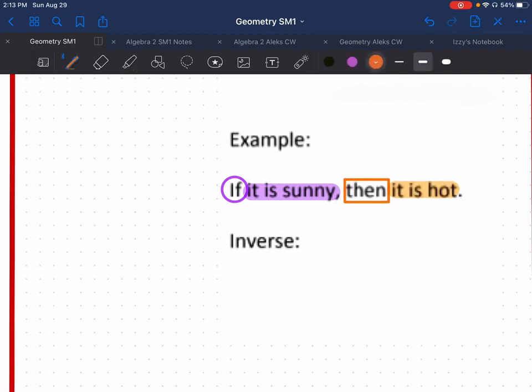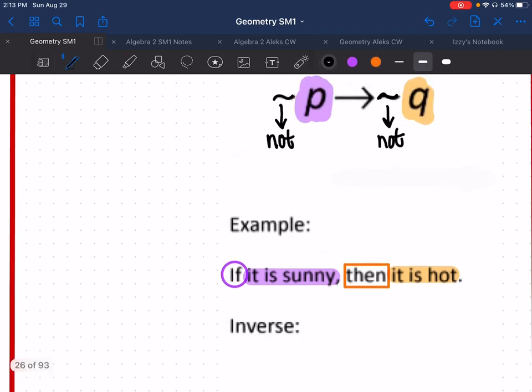I am going to keep the structure of the sentence because if you notice, if I pull it right down, I need to keep the purple first and I need to keep the orange second. It needs to stay in that form. All I'm simply going to do is add the word not into here. It is not sunny.